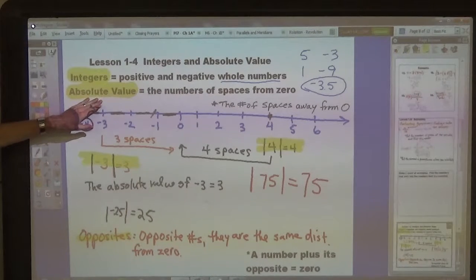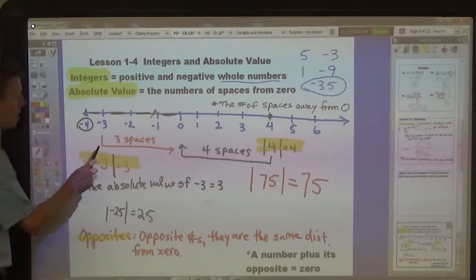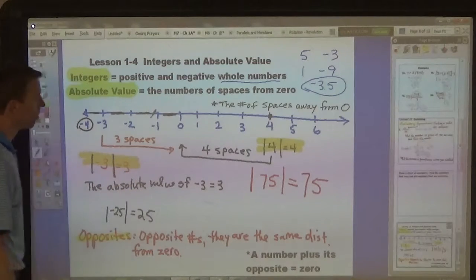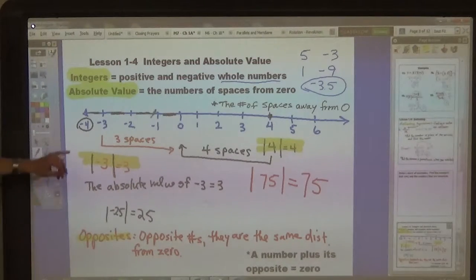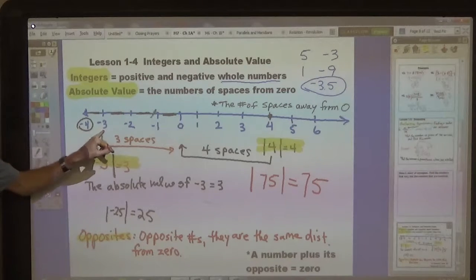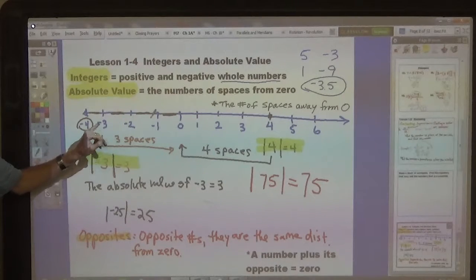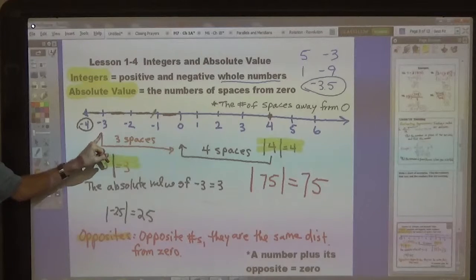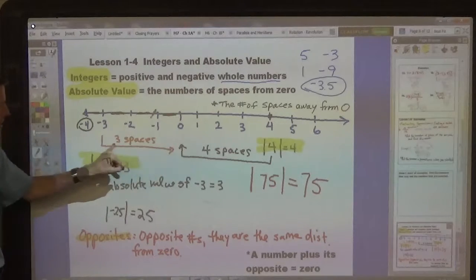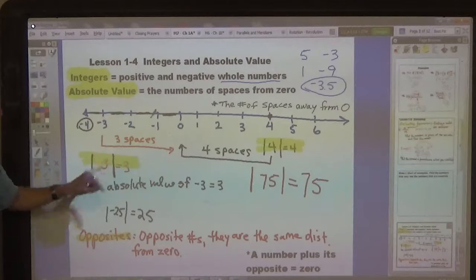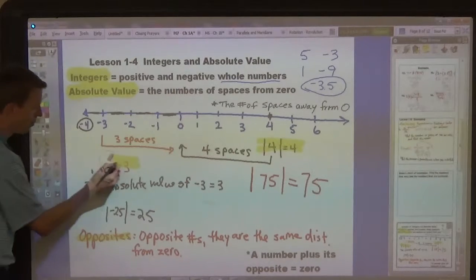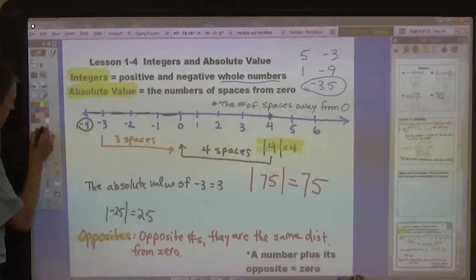Absolute value refers to the value of a number on the number line, and it's the number of spaces it is from 0. So, if we look at the number -3 on a number line, the absolute value of -3 is 3 spaces. It's written this way. I'll rewrite this for you so you can see it.